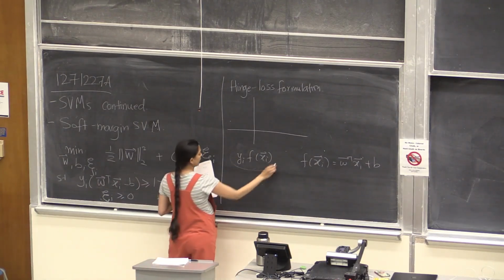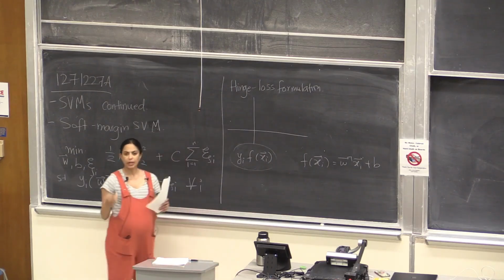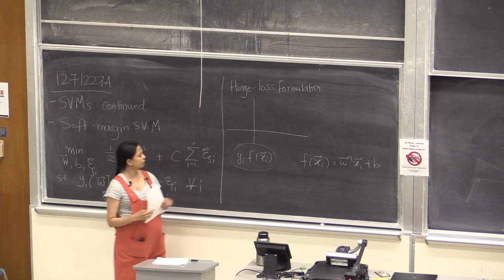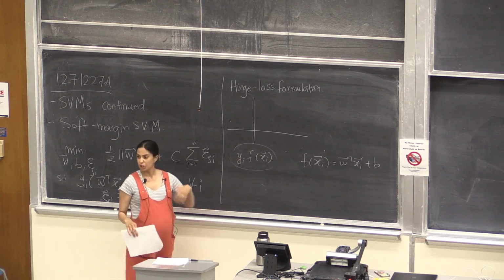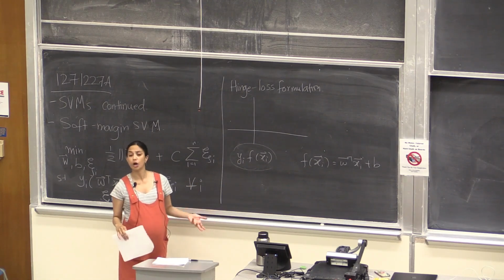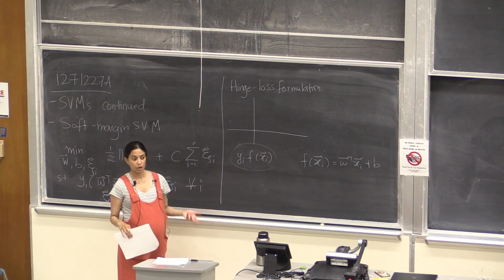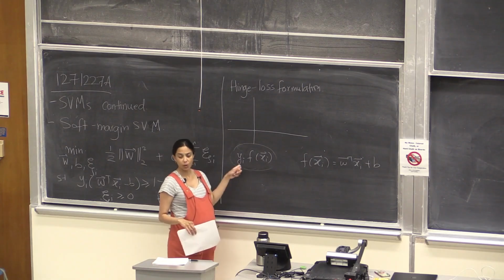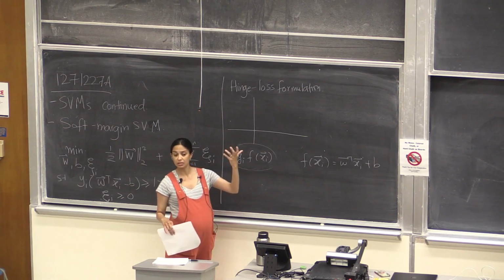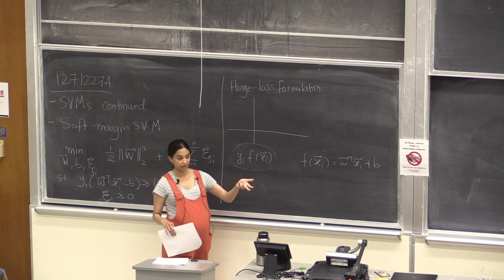So when we're looking at this, we can think about loss functions that are directly a function of this, right? Basically, did you get it correct or did you not get it correct? When is the point correctly classified? If yi times f of xi is positive, right? That means that the point is correctly classified.